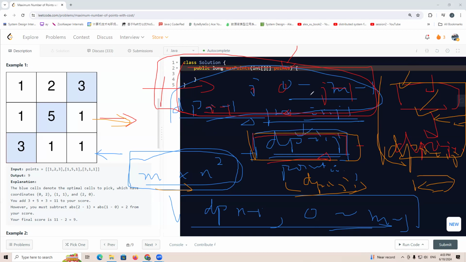What we are going to do is, for every dp, if we iterate from left to right, we use something called left max to represent the best value of dp[i minus 1][j] up to j so far.